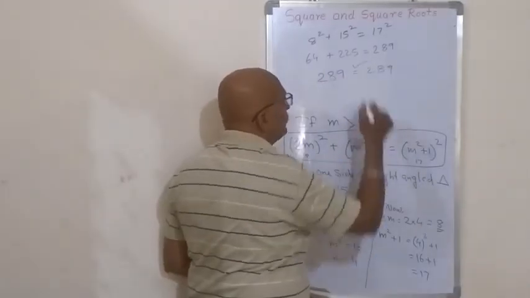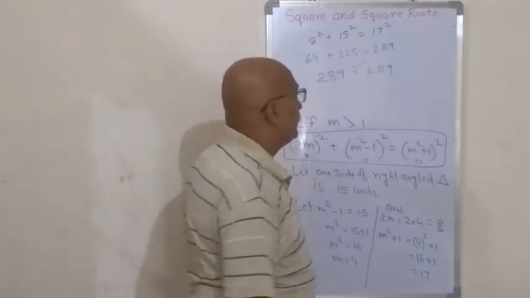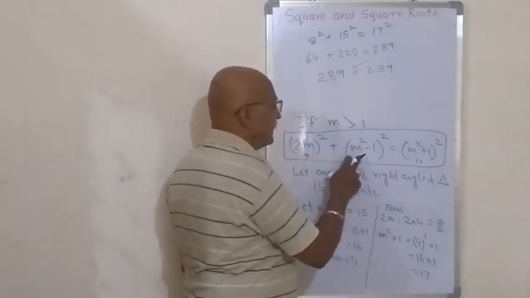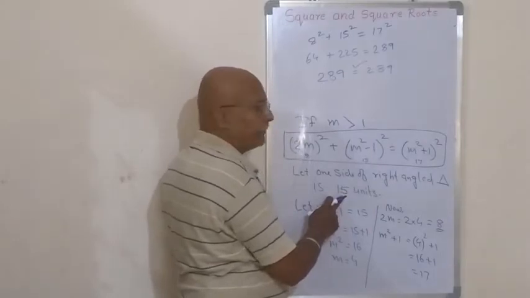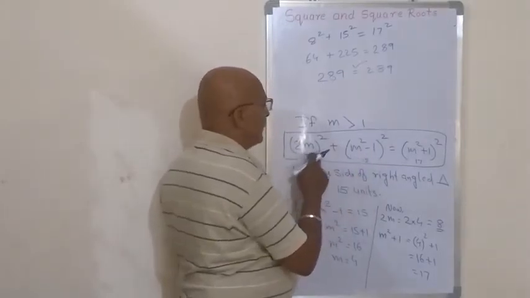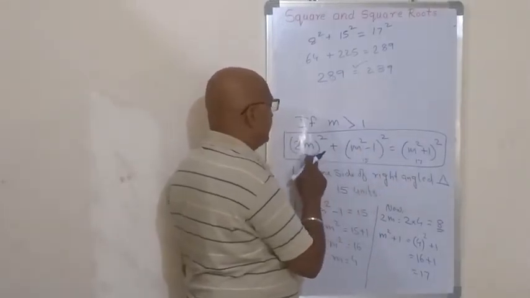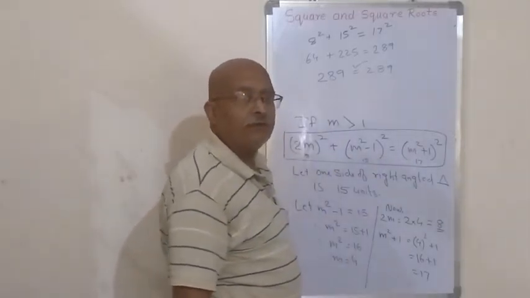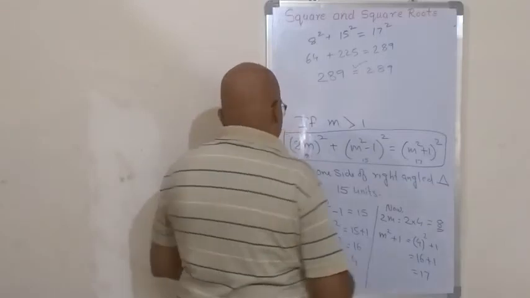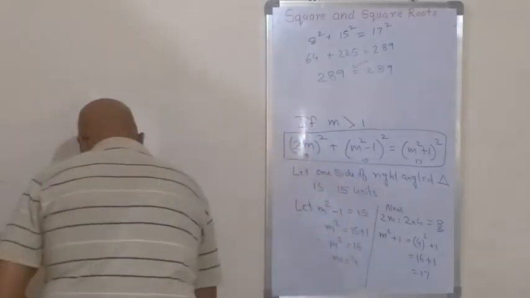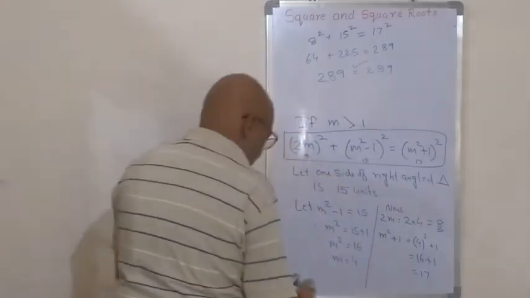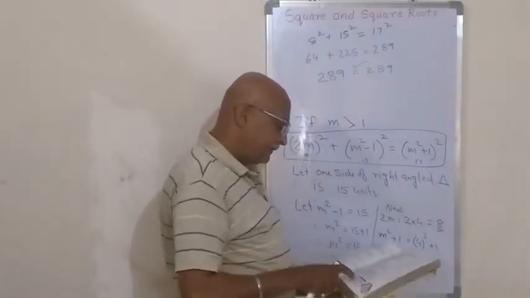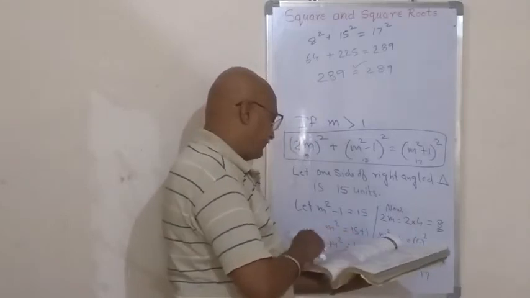So both sides are balanced here. So we have got the three numbers including 15 as was given to you. The Pythagorean triplet is 8, 15 and 17. Based on these two, what I have explained, now we are going to solve exercise 6.2.